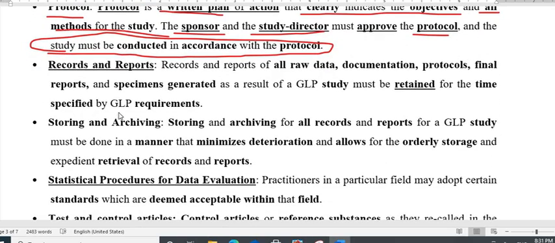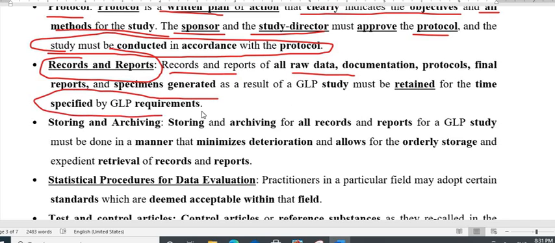After performing the experiment as per the GLP, we have to maintain the records and report. All data should be in written form and maintained as a record and report in well documented form, and should be retained for the time mentioned as per the GLP requirement.